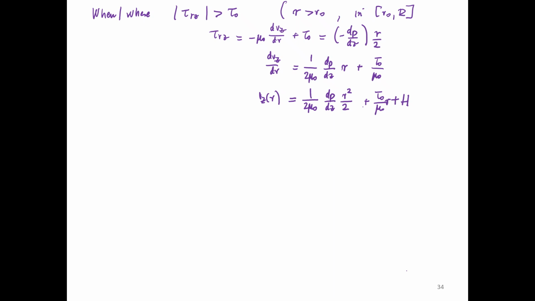So what boundary condition? I'm close to the solid boundary, hint, hint. No slip. So is the boundary moving? No. So what is my Vz of R? 0. No slip BC.